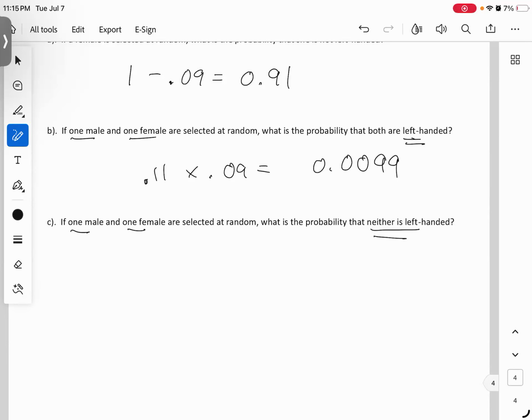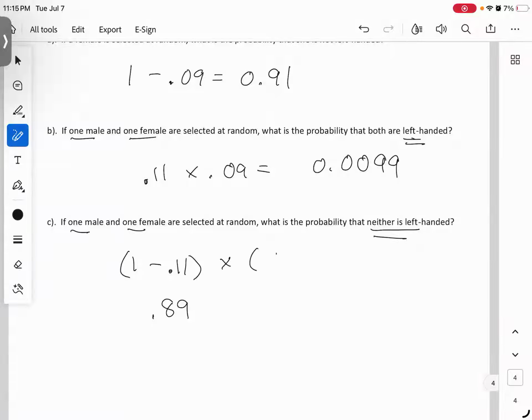So you want a righty times a righty. So what you'll have to do is 1 minus the complement for males. That would be 11% of males are left-handed, so 0.89 of males are right-handed.